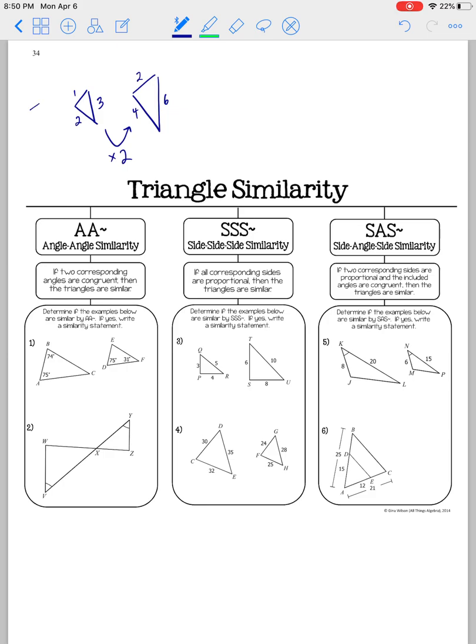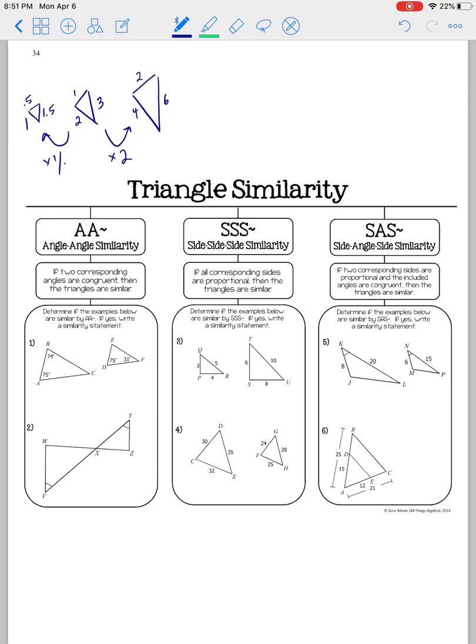Similarly, we could have one like this that's 0.5, 1, and 1.5 that is reduced by a scale factor of 1/2. I don't know why my pen stopped working there. But that is what similar triangles are.